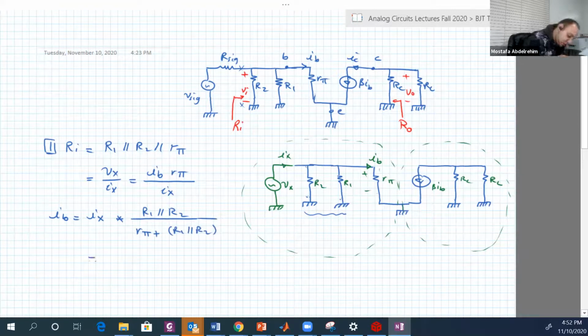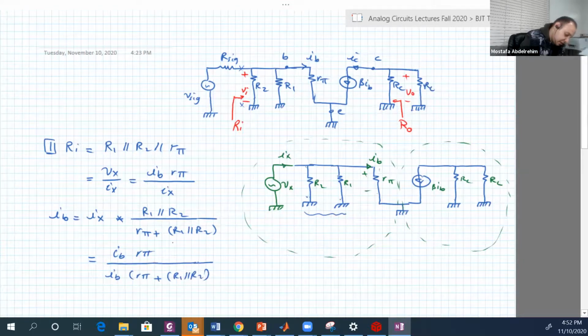So this will be equal to IB R-pi, and here Ix is IB over R-pi plus R1 parallel R2, and this will go in here.